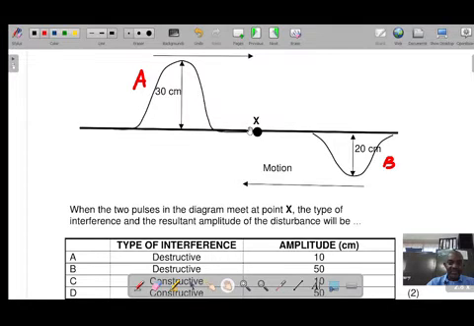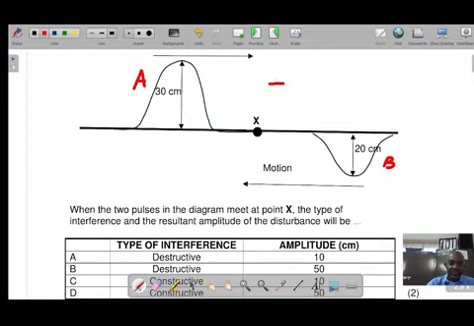So according to the principle of superposition, the amplitudes here and here are going to be added together to give us the resultant amplitude. So let us find it out here. So this is 30. The one which is upwards, we usually take to be positive.